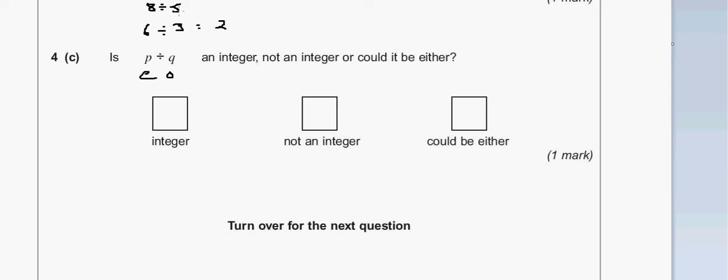Okay, so it won't always give me a whole number. So it could be either. Okay, so if you're not sure, then play around with numbers until you are sure. Okay, so I'll stop the recording there and I'll go on to question 5.